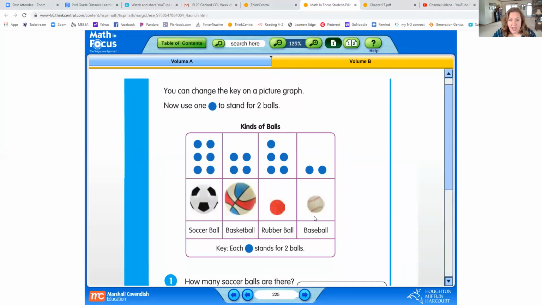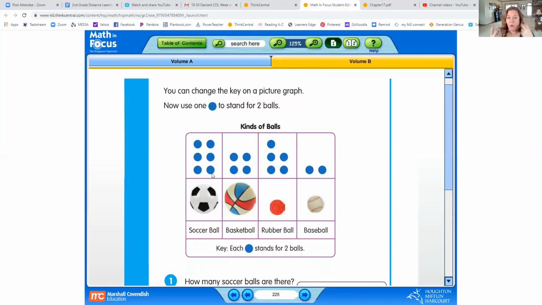So this is the same picture graph, but they have changed the key. According to our title, we're still talking about the kinds of balls. But now each blue circle represents 2 balls. So our scale is 1 blue circle equals 2 balls.